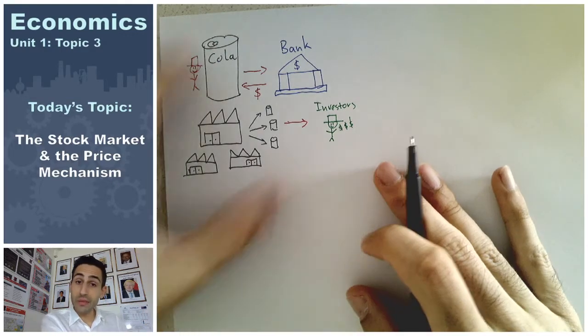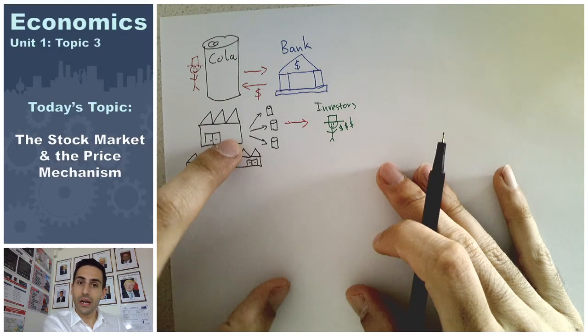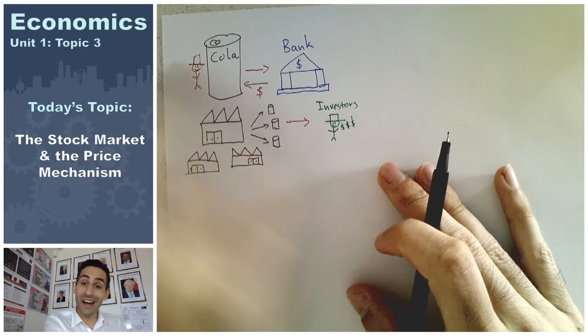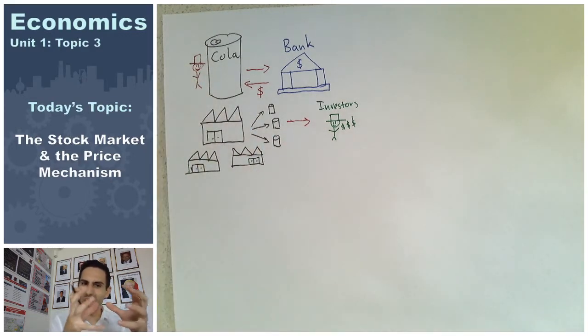Now, right now, this is a private entity, okay? It's really just now a partnership, but it's a self-contained entity. To take this business public means that we're now going to list it on a stock market.